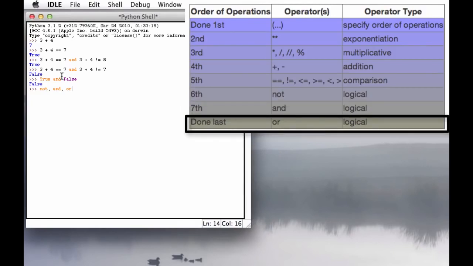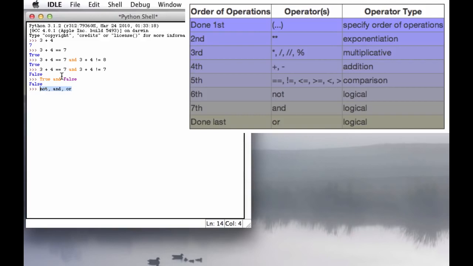So if we combine those together, we can say, while 3 plus 4 is equal to 7, and not 3 plus 4 is equal to 7. So what happens here is the arithmetic operations get done first, so we end up with this expression, 7 not equal to 7.